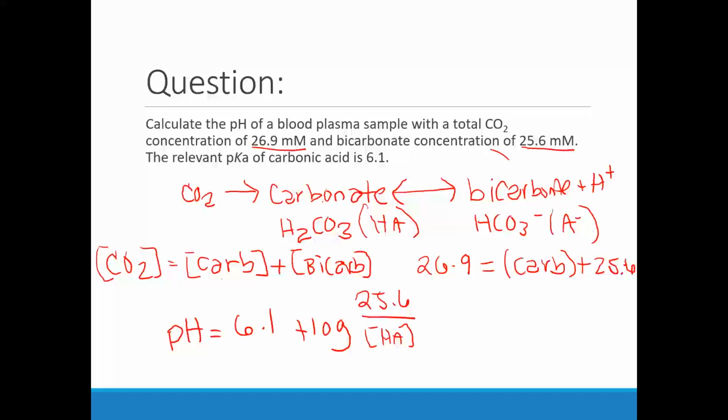So rearrange this to be 26.9 minus 25.6. We get 1.3 equals the amount of carbonate. Okay, so that means the amount of carbonate here is going to be 1.3.